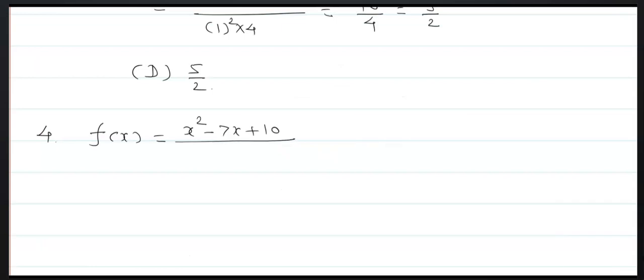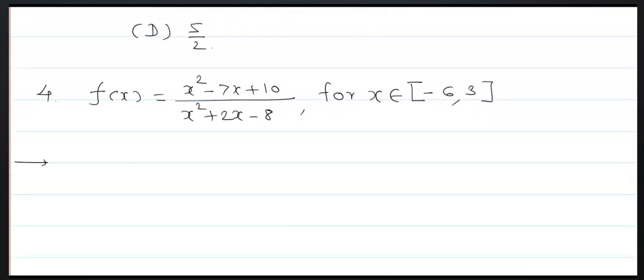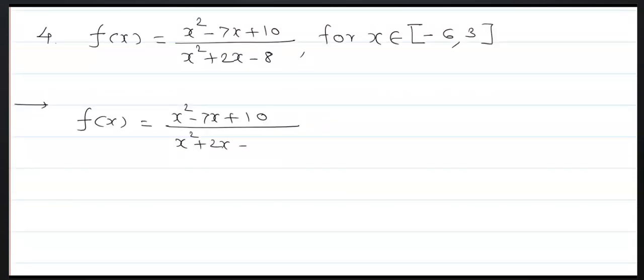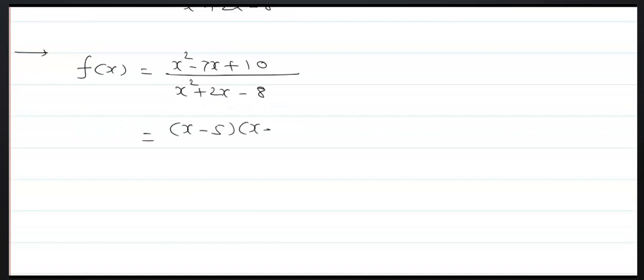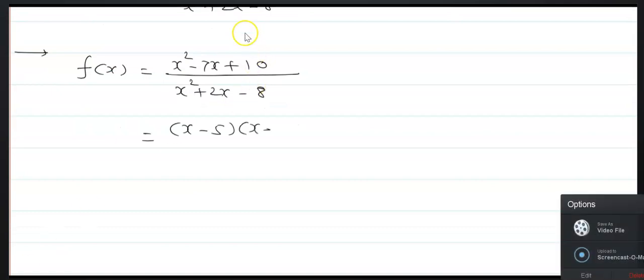Now the fourth question: if f of x is equal to x square minus 7x plus 10 upon x square plus 2x minus 8 for x belongs to the closed interval minus 6, 3. Now see this here. This is a polynomial function, a rational function p of x upon q of x. We will factorize it.